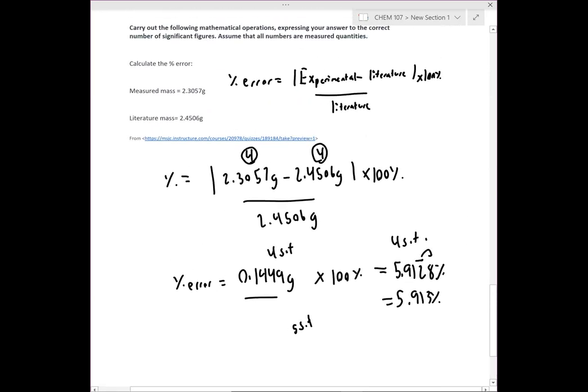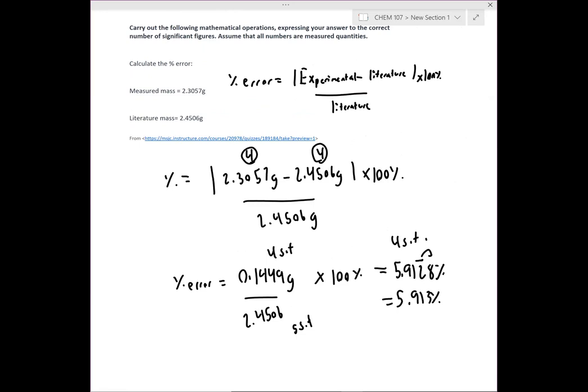Does this example make sense to everyone? Let me rewrite. There we go. Does this example make sense and how you have to follow the significant figure rules for each step sequentially? Yeah, I do have a quick question though.